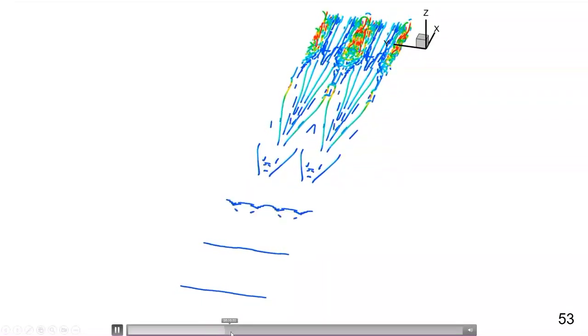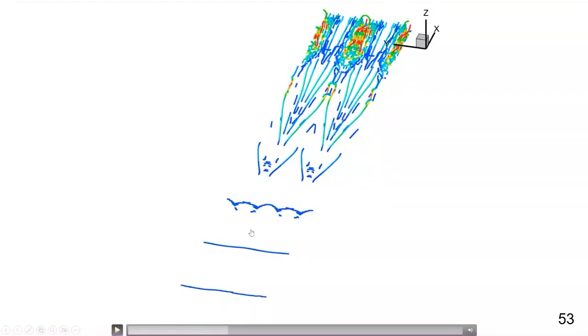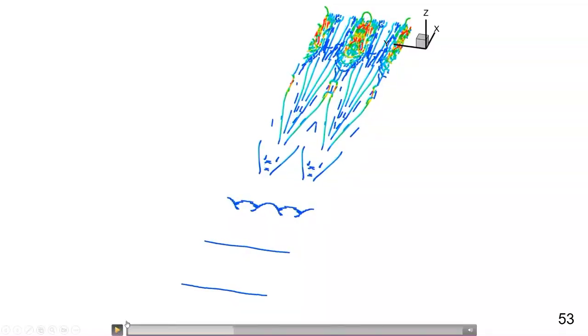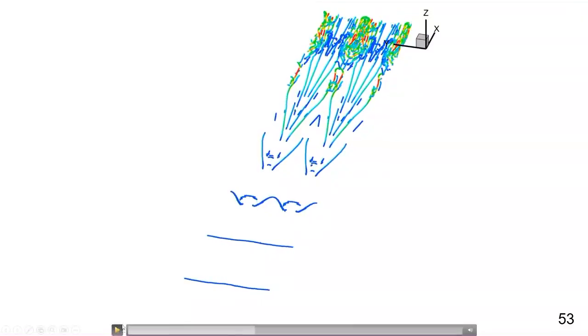So we look at here, right? We observe these, and then these. They connect to a W-shaped vortex structure, and after the connection, you can see they separate, right?